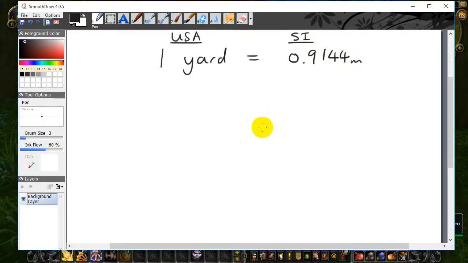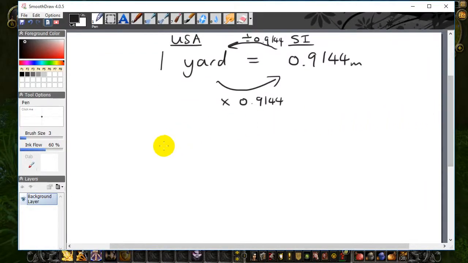What that means is if I want to go from yards to meters, I would multiply by 0.9144, and if I want to go backwards from meters to yards, I would divide by 0.9144. That is a good way of calculating for the people in Australia who are trying to play this game.